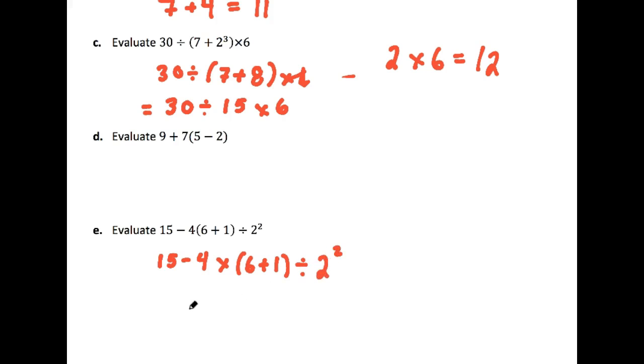So I'm going to have 15 minus 4. We got to do parentheses first. 4 times what's in parentheses here. 6 plus 1, that's 7. Divided by, the second thing we could do is exponent. So 2 squared is 4. So I cleaned it up. So 15 minus 4 times 7.